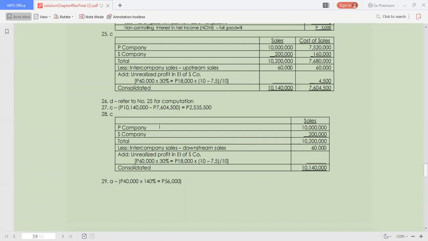Shannon is the subsidiary, so Shannon now is selling to Patty. It's an upstream sale in the amount of 60,000.